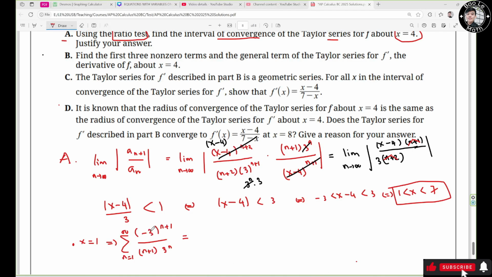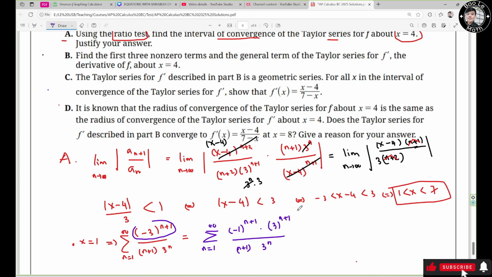Now we can split this: it's going to be the sum of negative 1 raised to the n plus 1 times 3 raised to the n plus 1 over (n plus 1) times 3 raised to the n, when n goes from 1 to infinity.